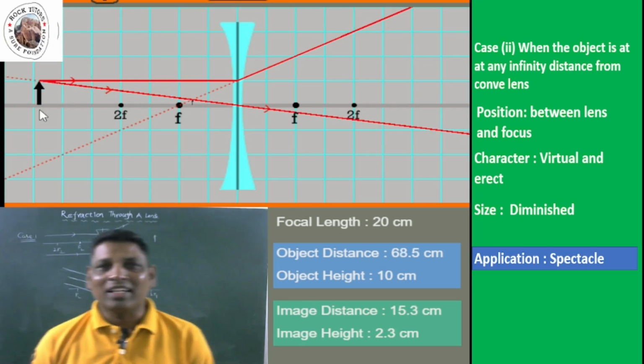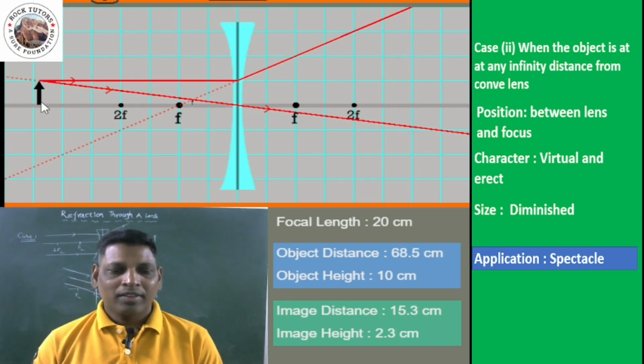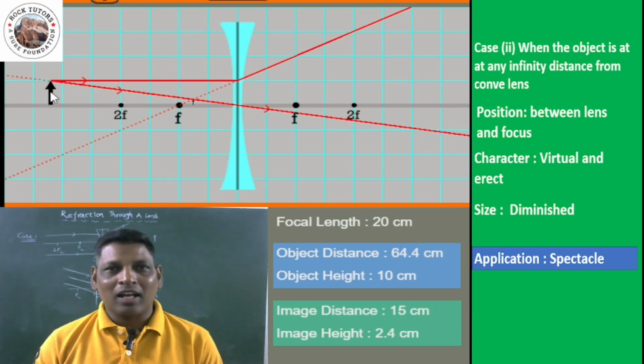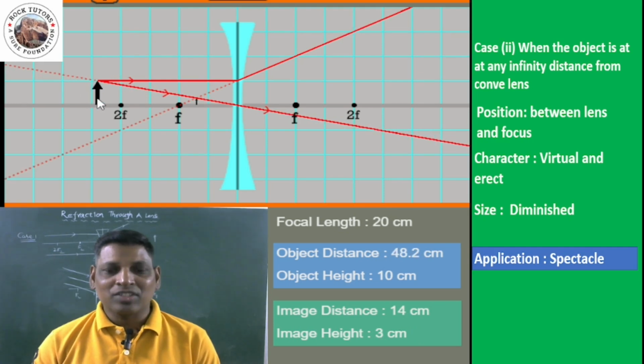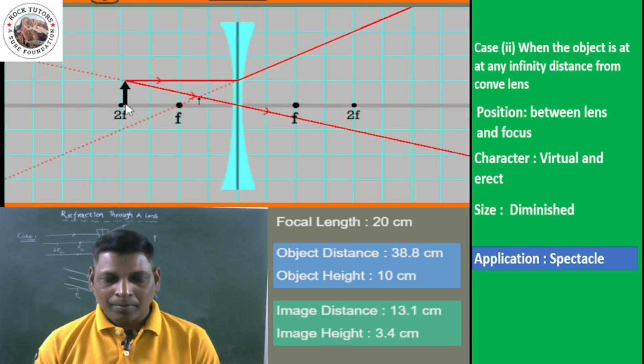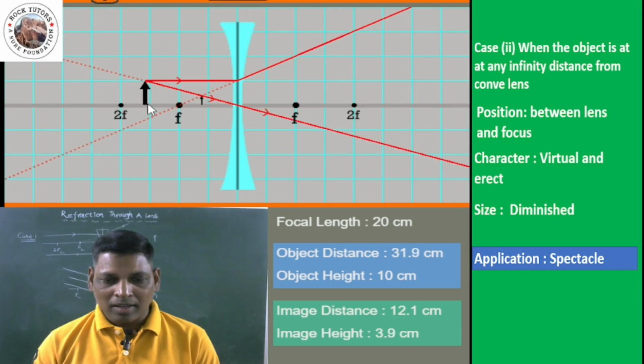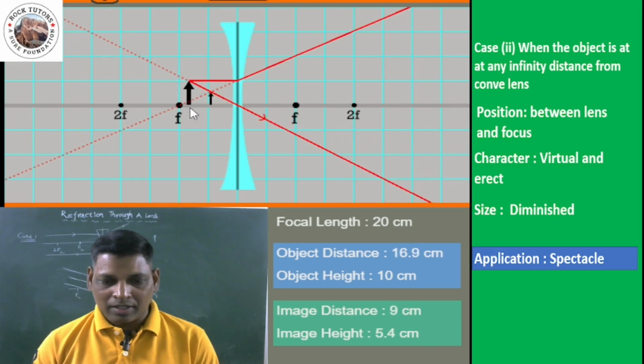In the concave lens, if you see here, as the object moves towards the lens, the size of the image is increasing.